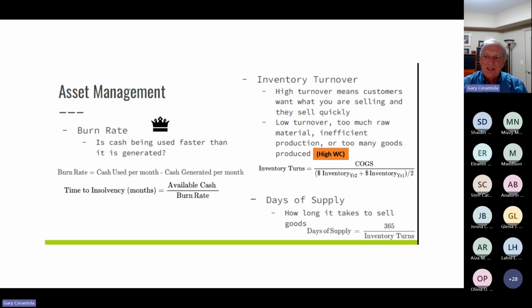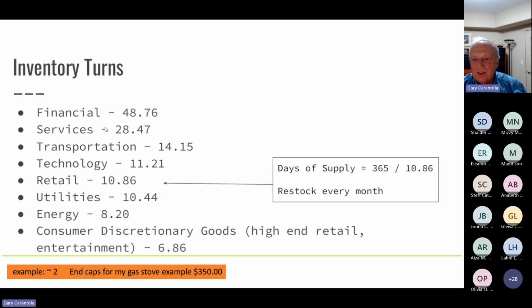So that's getting back to inventory turns as a signal for profitability, and it'll also tell you how many days of supply you have. So how long will it take to sell goods? If you divide 365 by inventory turns, you'll be able to see how that works. So you can see in the retail business, the days of supply is they have to restock every month.